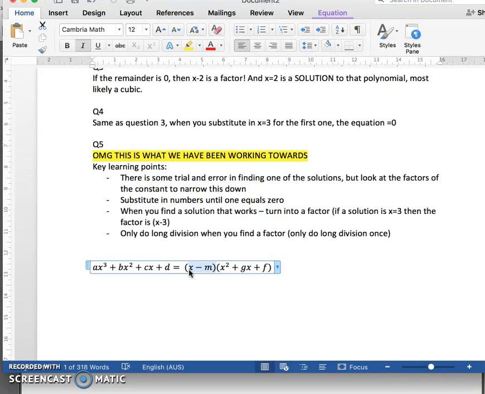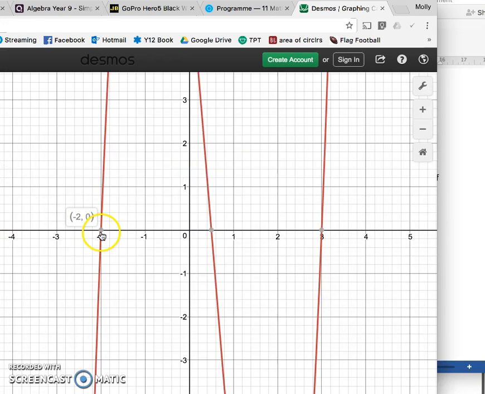There is going to be a bit of trial and error involved, which seems a bit crazy. We could trial and error some numbers in for x here, like a 1, a 3, a 5, and if they equaled 0, we know that that would be a solution. So if I trialed x as 4, and I put it into the cubic, and it equaled 0, I would know that is a solution along the x-axis.